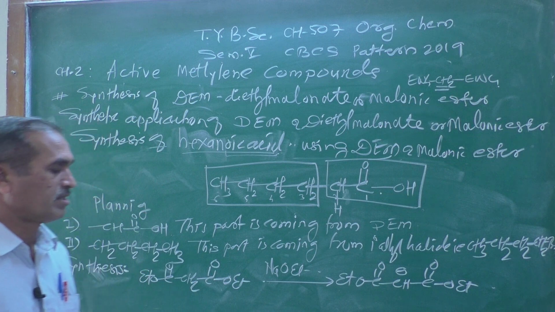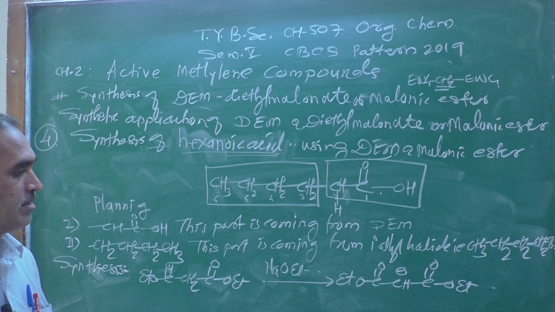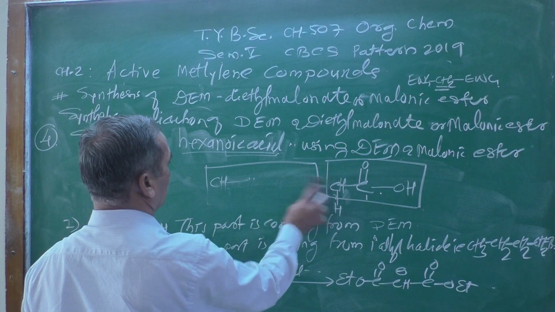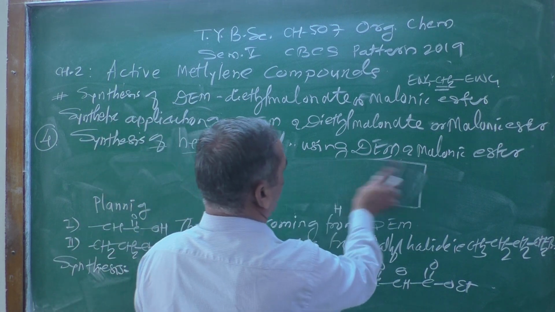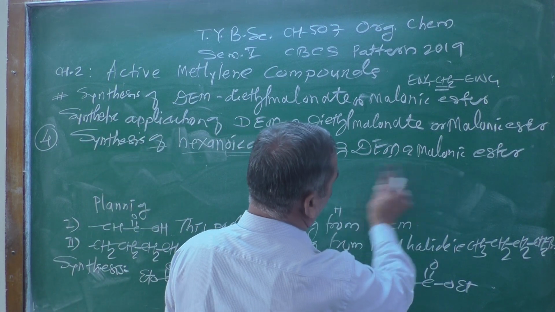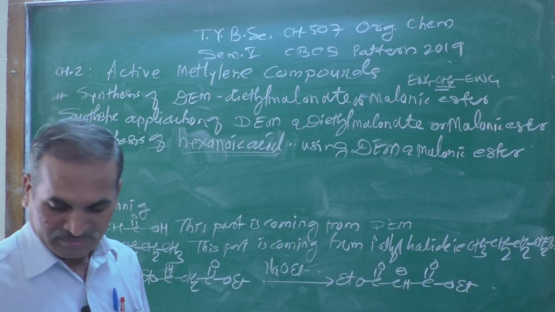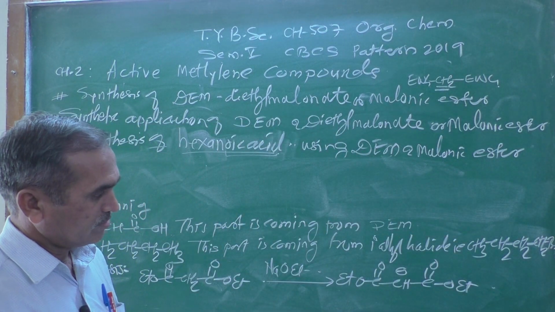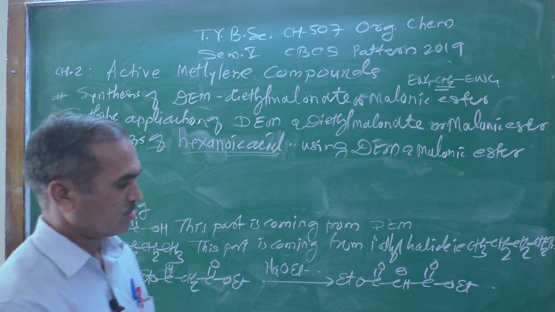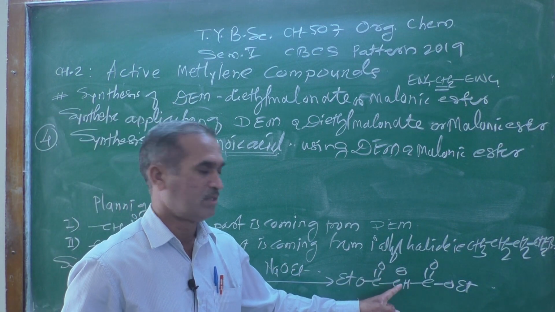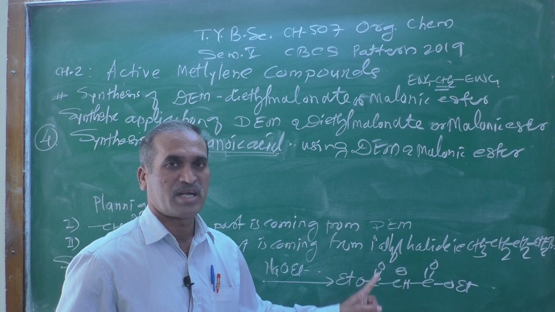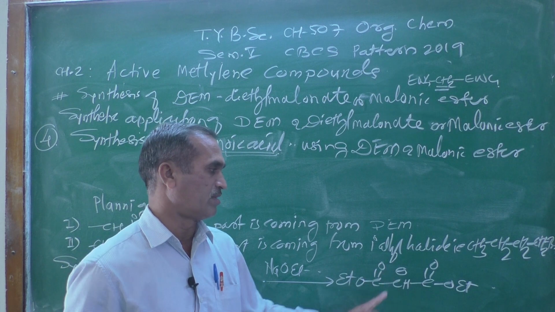Once it forms a carbanion, that carbanion can be stabilized by resonance effect or mesomeric effect, and when the negative charge is present on the carbon atom, that species is known as a carbanion.